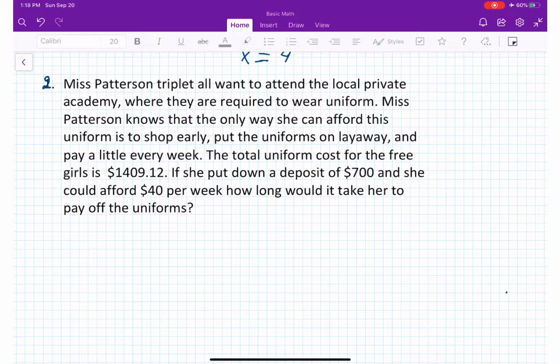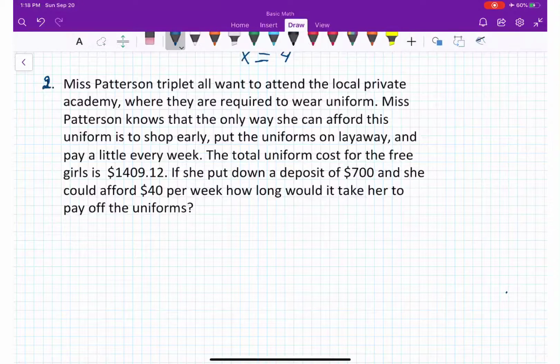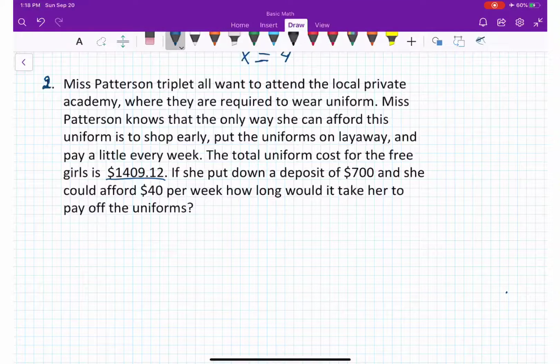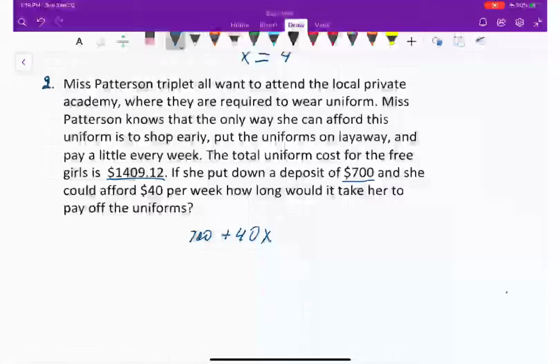The total uniform cost for the three girls is $1,409.12. If she puts down a deposit of $700, and she could afford $40 per week, and we don't know how many weeks, so it's going to be 40 times X weeks.